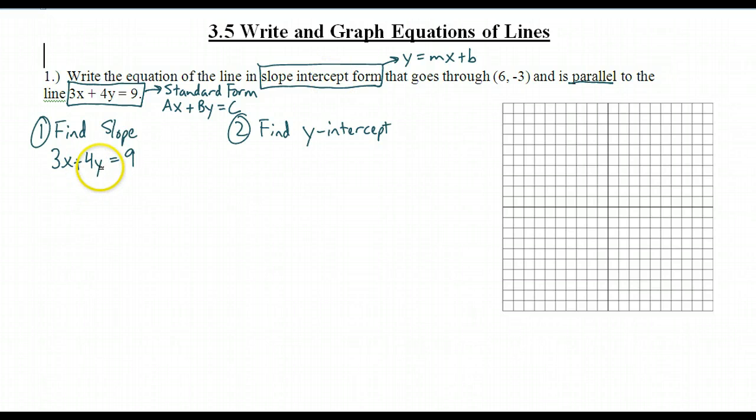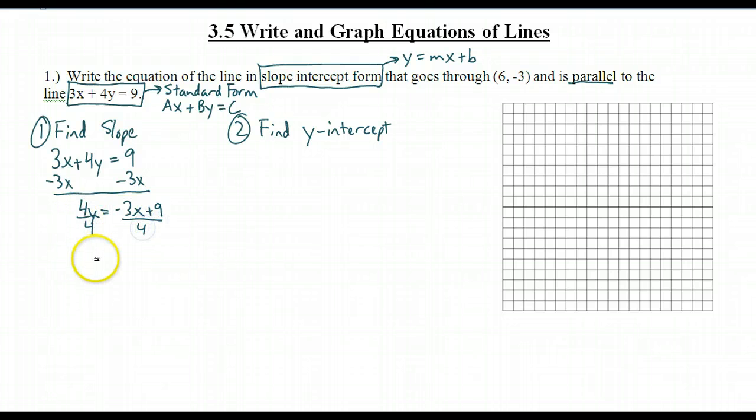for y. We need to undo the things that are happening to y. Step 1, subtract 3x from both sides. Notice I put my negative 3x first. Then we need to get rid of this 4 by dividing by 4.